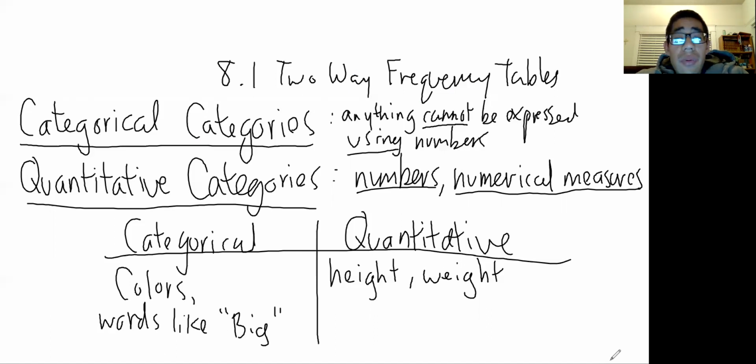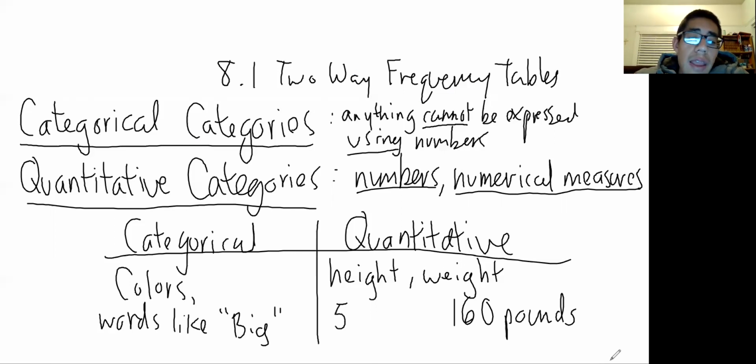If I asked you for your weight, and you weighed something like 160 pounds, 160 is a number, right? Say you were 5'9" in height, 5 feet 9 inches. Those are numbers, right? These can be represented as such. Like I said, colors, not so much.